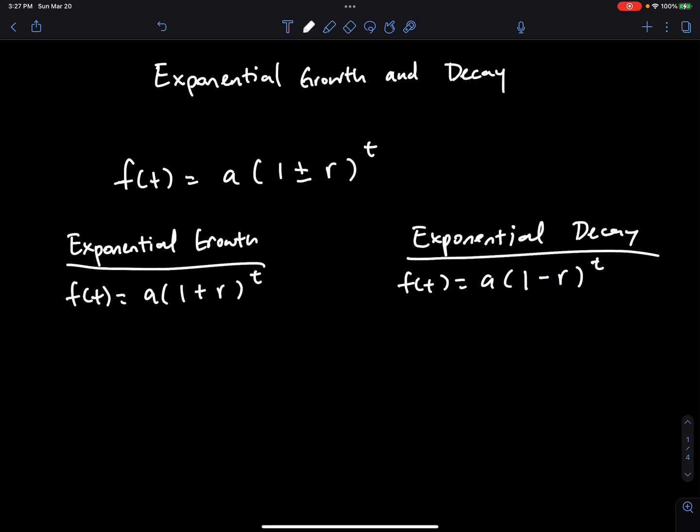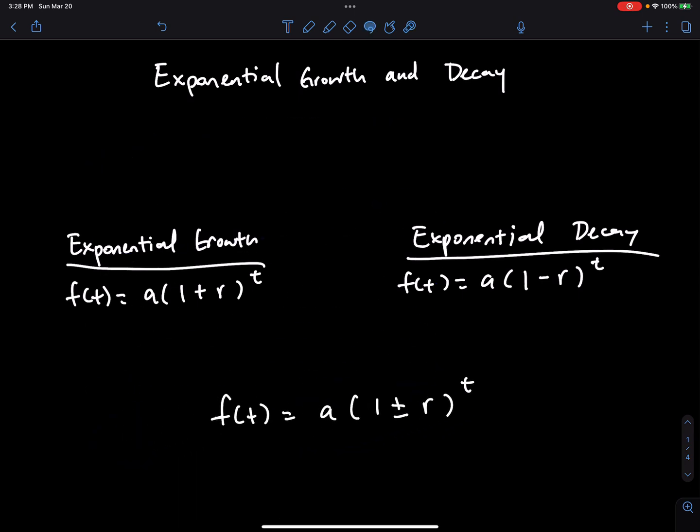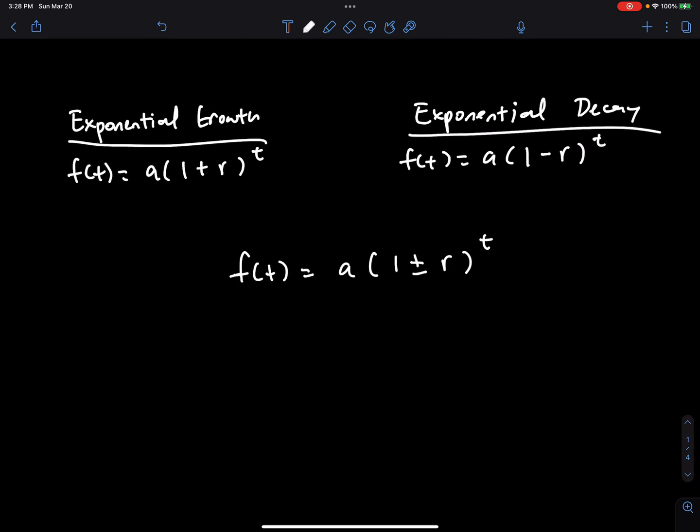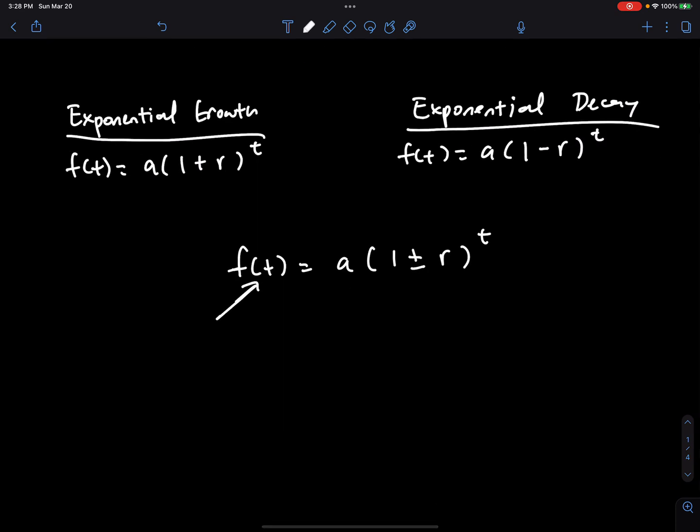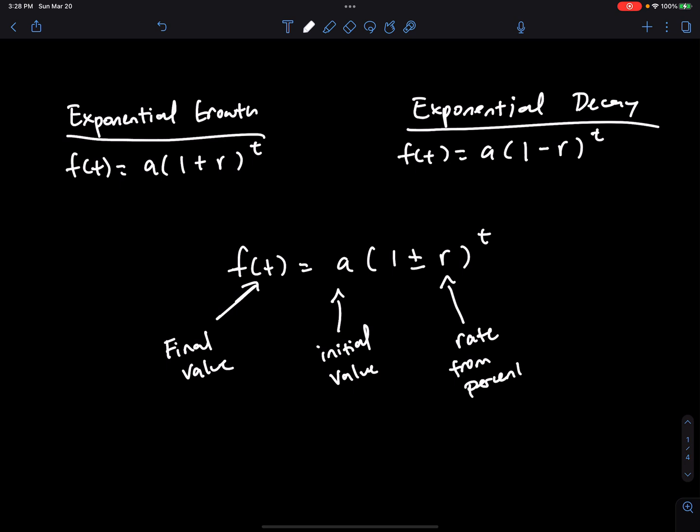Now, what are these? f of t, by the way, is what we call our final value. And this a over here is our initial value. And this r, that's our rate, and usually we convert that from percent to decimal.